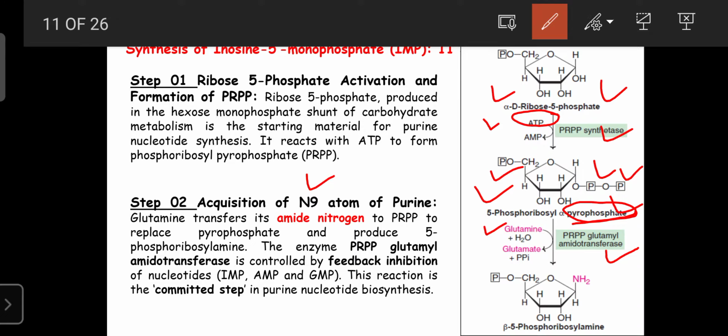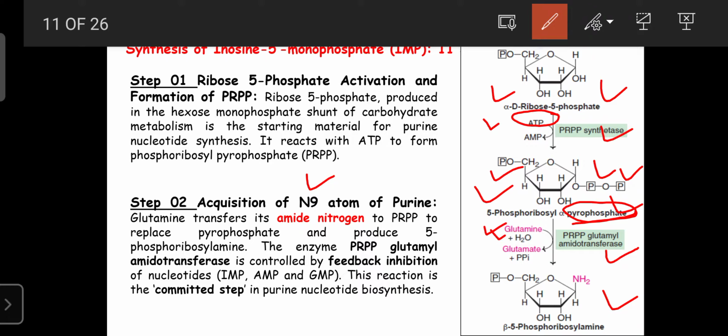Then it forms the beta 5 phosphoribosylamine. The beta 5 phosphoribosylamine is formed when the glutamine donates the amide nitrogen and the amidotransferase enzyme cleaves the pyrophosphate under the influence of water.